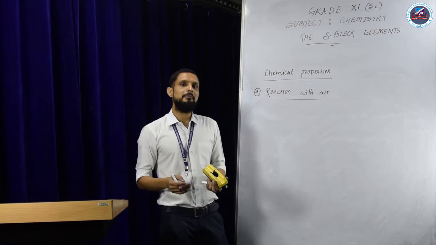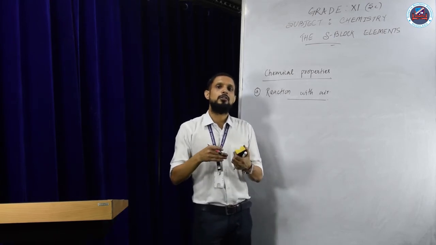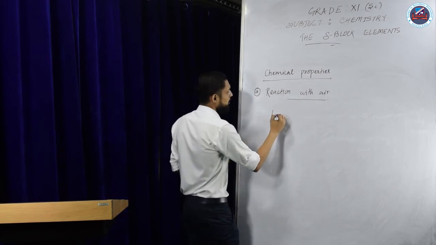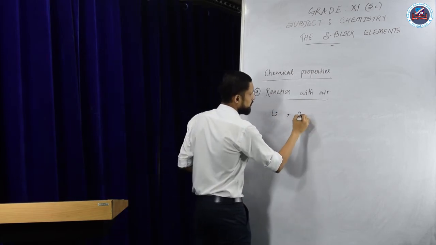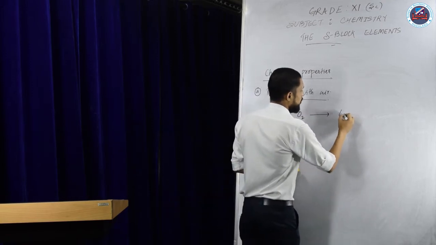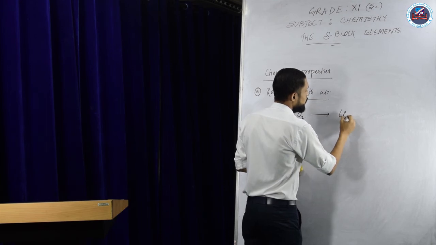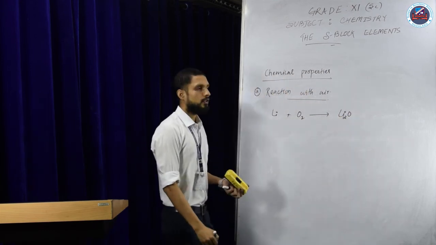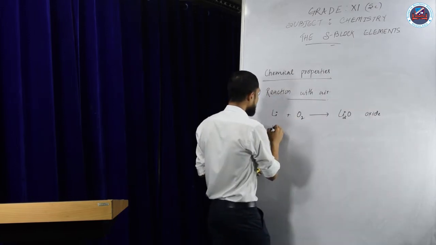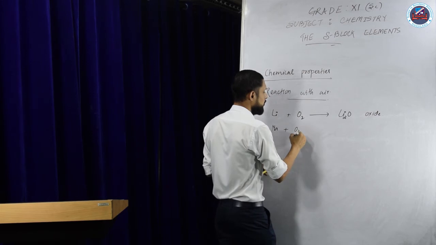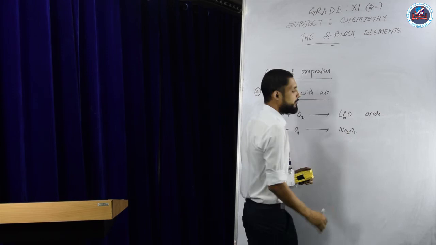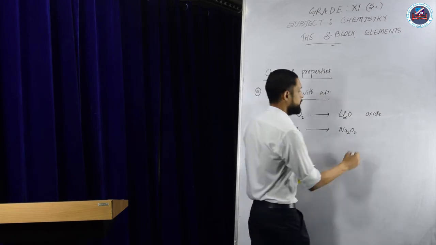Now, the alkali metals react differently with air. If you see lithium, it will react with oxygen to form an oxide of the type Li2O. This is known as oxide. Whereas sodium, if it reacts with oxygen, will preferably form a peroxide of the form Na2O2.